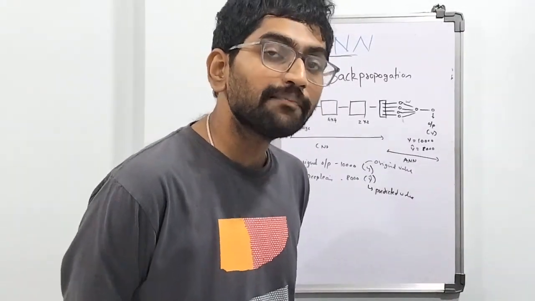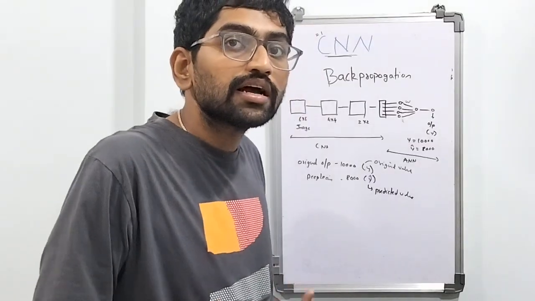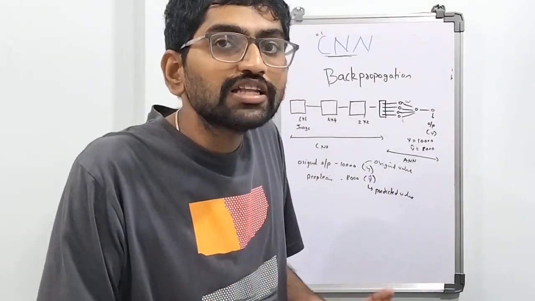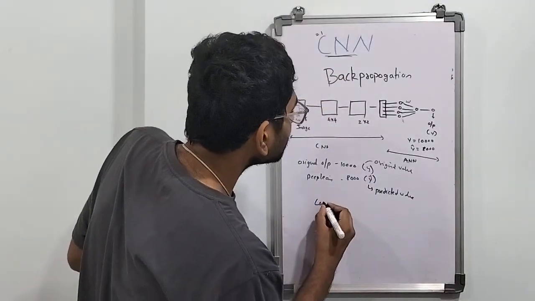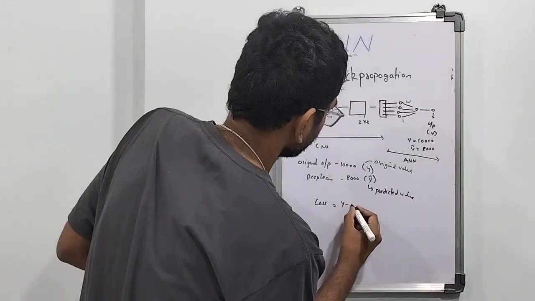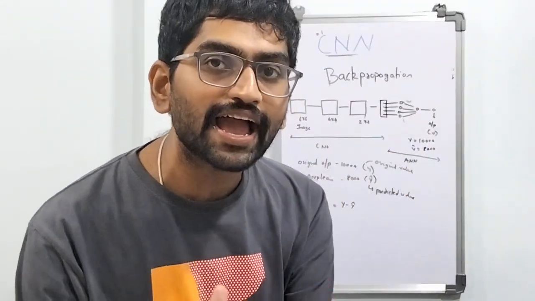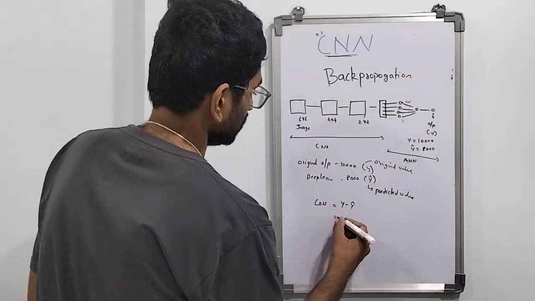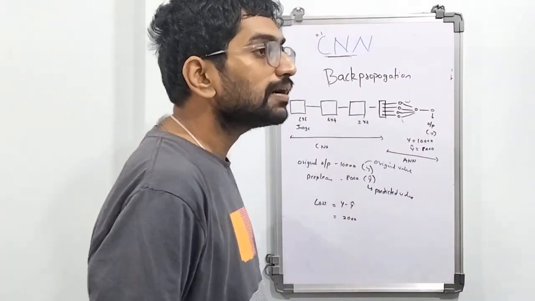The model has some problem; it is incurring a severe loss. Loss is nothing but the difference between the predicted value and the actual value. So the loss here will be 2,000, which is a very huge loss.